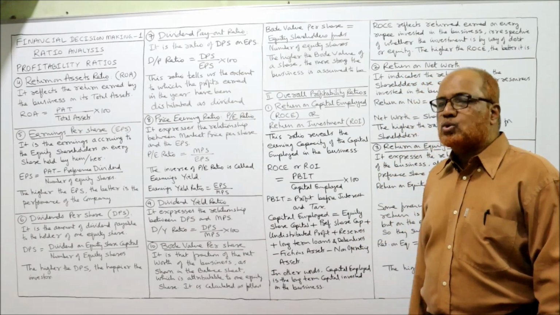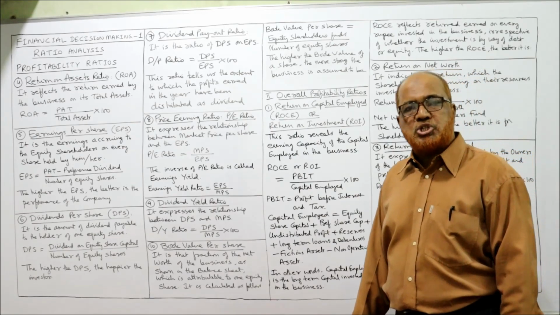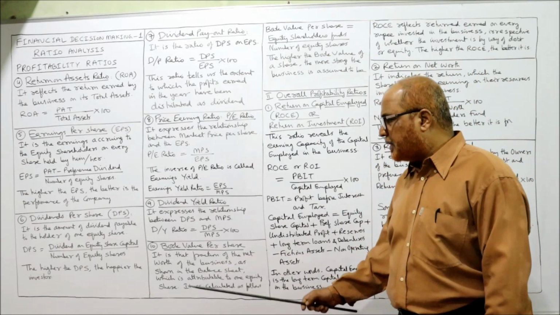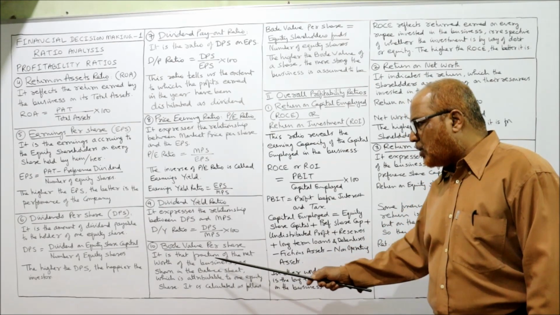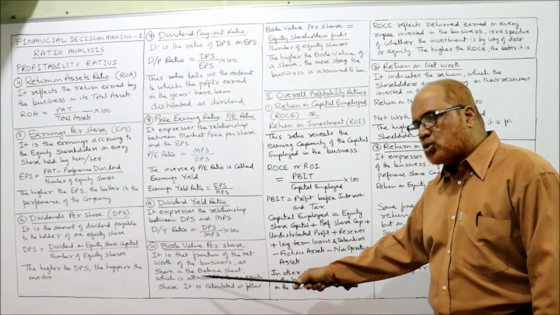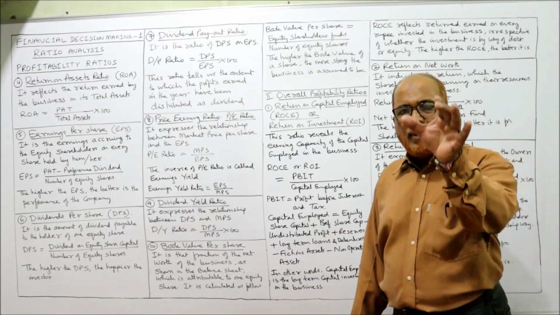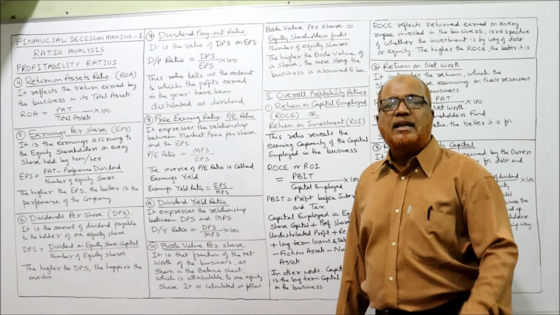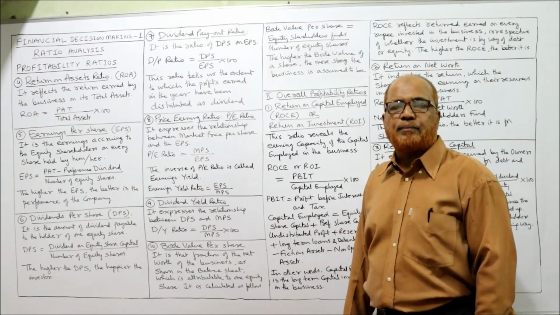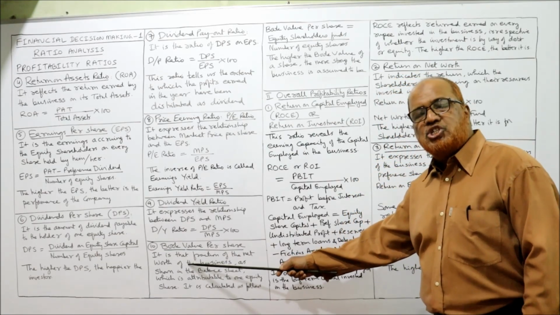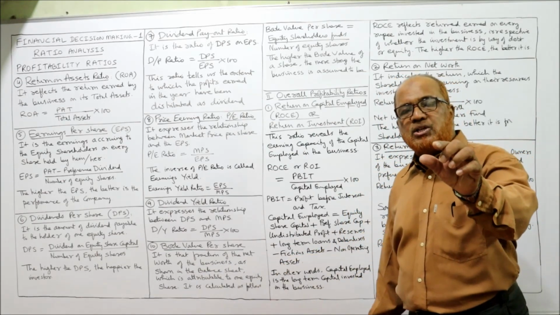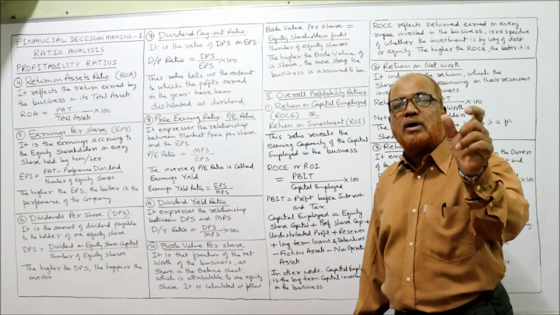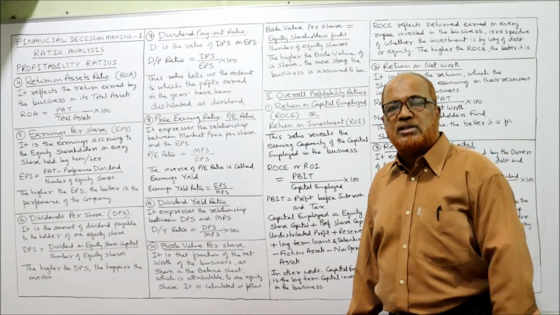The last and final ratio is the book value per share. What is the book value per share? It is that fraction of the net worth of the business as shown in the balance sheet. In the balance sheet of the business, we can find out the net worth. Net worth means shareholders' fund. So from the balance sheet, we find out the net worth or shareholders' fund.